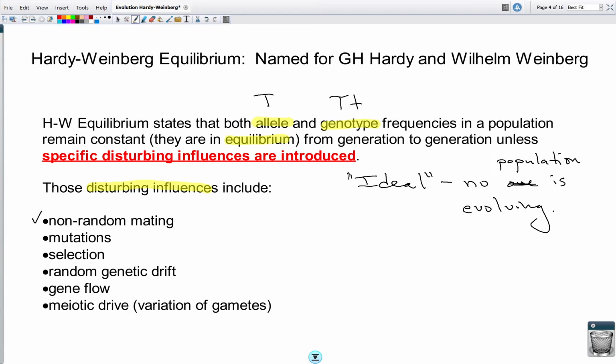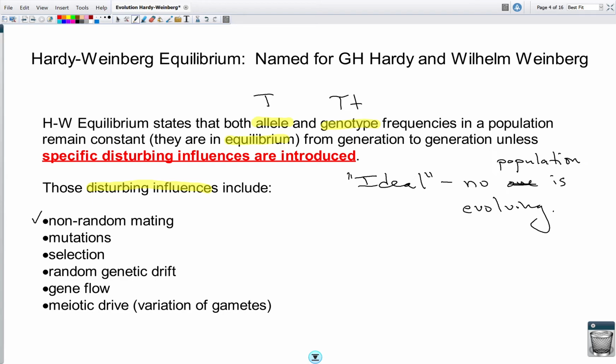Non-random mating means you choose your mate because they're sexy. It's the sexy son hypothesis. It's runaway sexual selection. In other words, it's like the birds who are really attractive to other birds because they have beautiful plumage. That's a disturbing influence, and in the Hardy-Weinberg equilibrium, we have to eliminate that. Anybody you bump into, you mate with. That's random mating, and Hardy-Weinberg wants random mating. It doesn't want non-random mating.